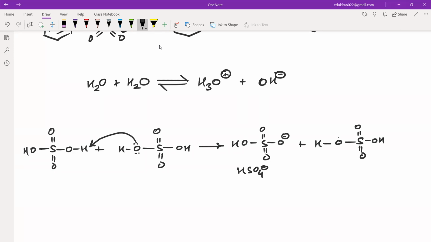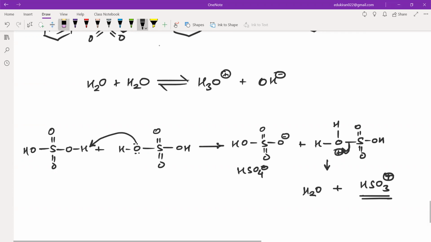Now this oxygen attacks the hydrogen atom, so you will be getting two hydrogen atoms attached to oxygen. Then this will be given out as water, plus I will be getting HSO3 positive, because the bond has been broken and the bond electrons are given to oxygen, so there is a positive charge here. HSO3 positive I will be getting.